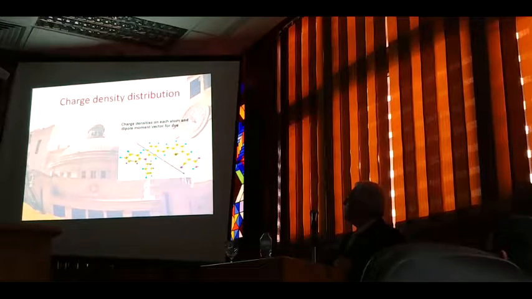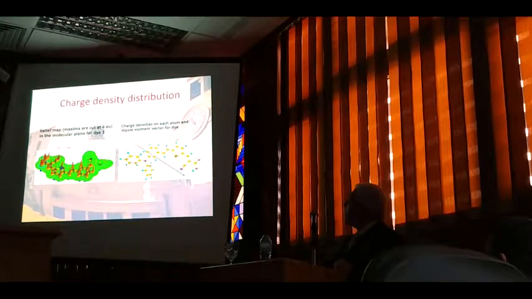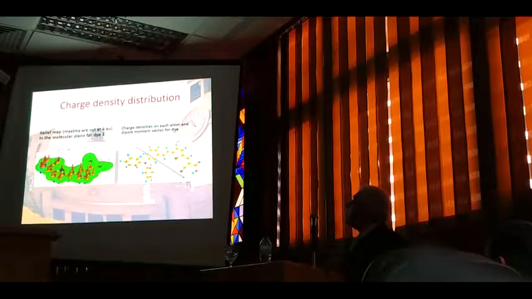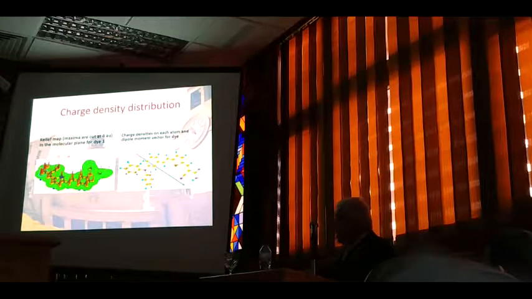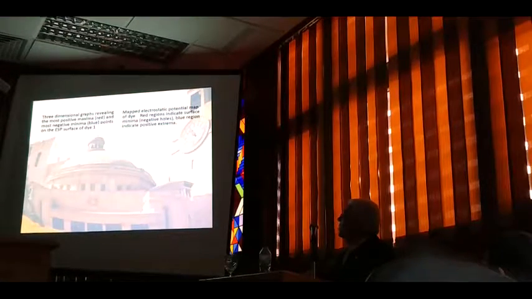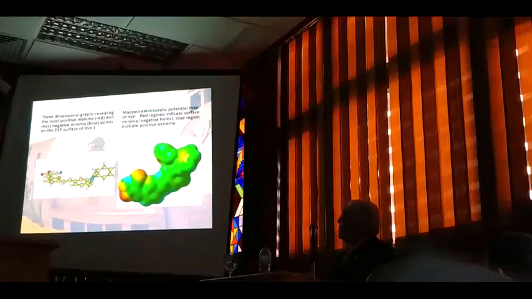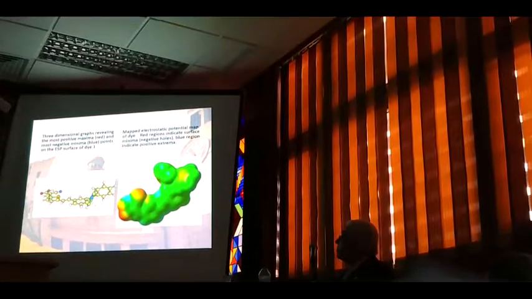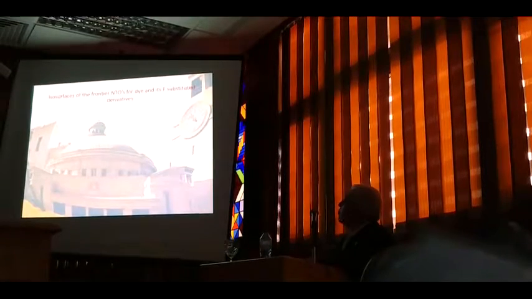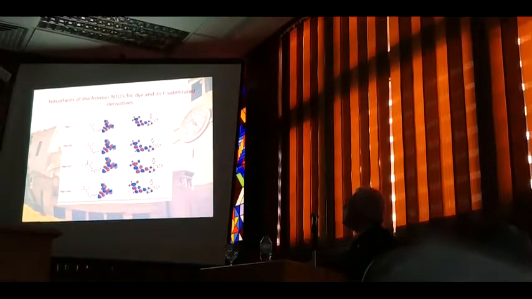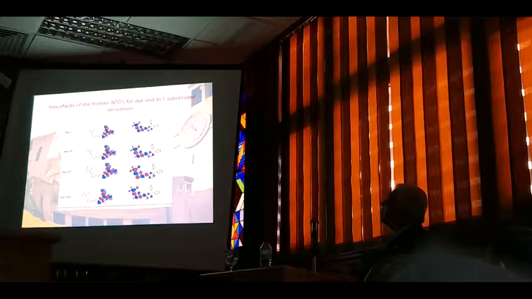We examined the dipole moment and charge transfer, and this is the relief map, a three-dimensional map for the electron density to see how the electron transfer is taking place. All these studies examine how the electron cloud moves with the transfer. As you see, these are the natural transition orbitals.